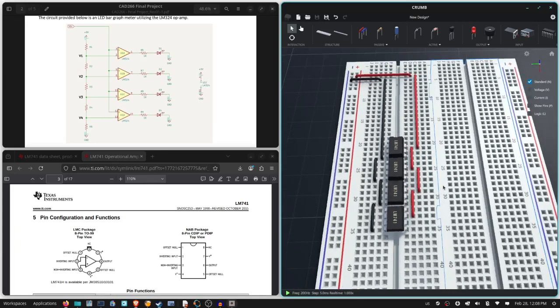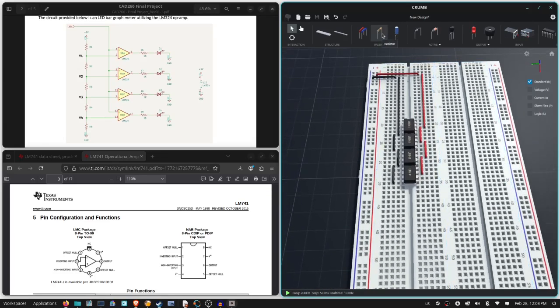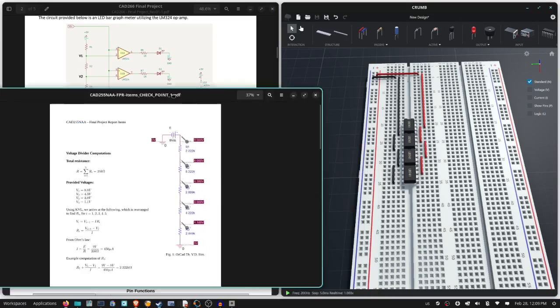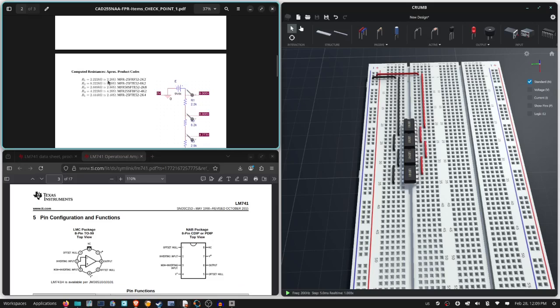Now what else do we want to do? Well, if we look at the diagram, we want to split up our reference voltages and feed them into the inverting input, and that's pin 2. So I'm going to make a voltage divider, and I'm going to aim for 2.2, 2.8, 4.2, and 2.4 kilo ohms.